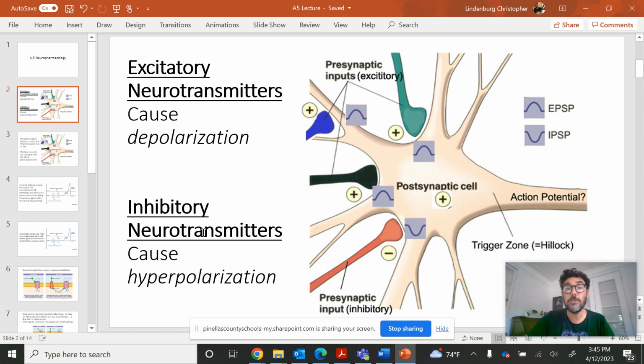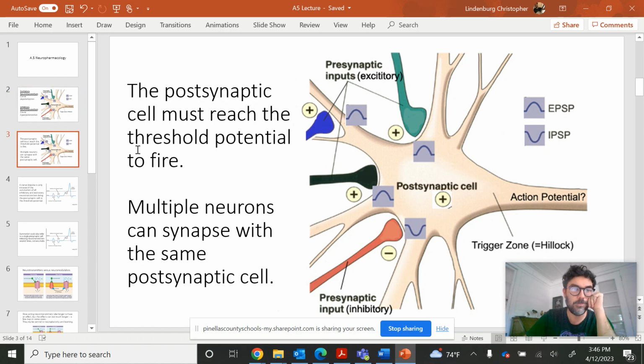Okay, so this matters. We have to start here because when we talk about pharmacology, when we talk about the drugs that affect the chemistry of your brain, it all has to do with what kinds of neurotransmitters are either blocked or released in greater quantities. So basically, what happens is this postsynaptic cell, as we've talked about before, has got to reach a threshold potential.